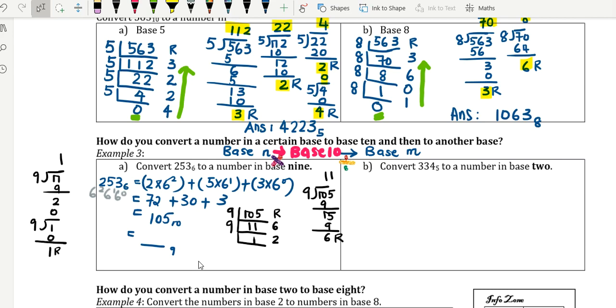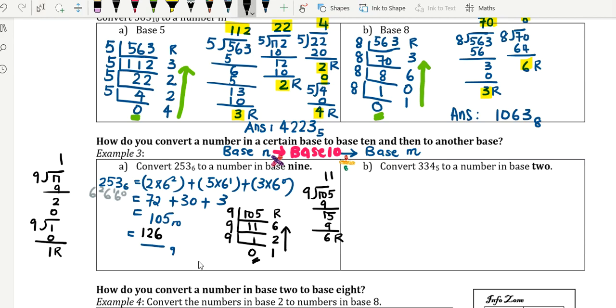Remainder is a 1. 0, leave it here. 1 is here. So we stop here because you have got 0. You read your answer from the bottom: 126 base 9. That is the final answer.